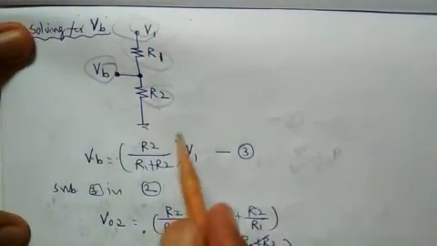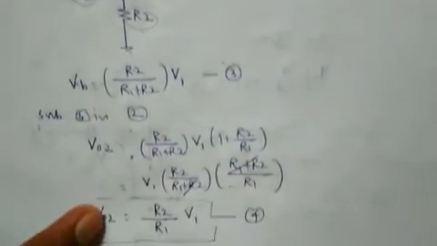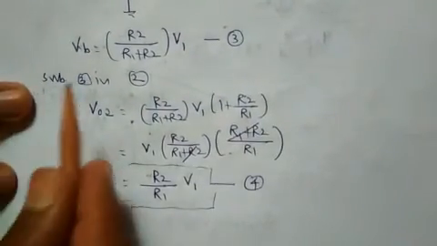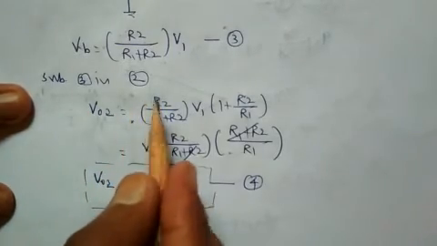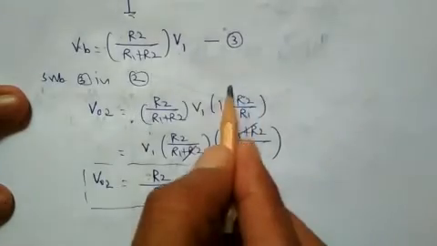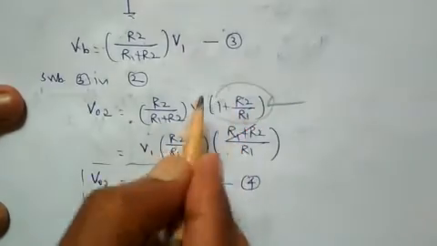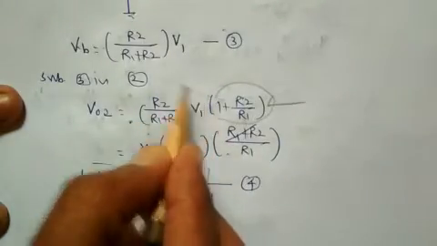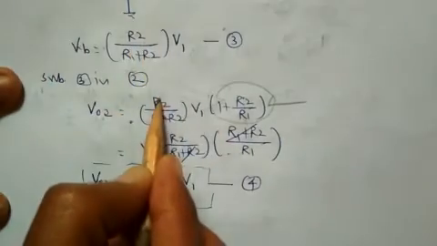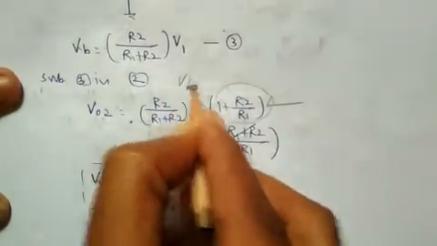Substituting this, equation 3, in equation 2, which we already found as the output of the non-inverting amplifier, Vout2 equals 1 plus R2 by R1 into VB. So 1 plus R2 by R1 you can keep as it is, and instead of VB it is R2 by R2 plus R1 into V1. This is for VB.